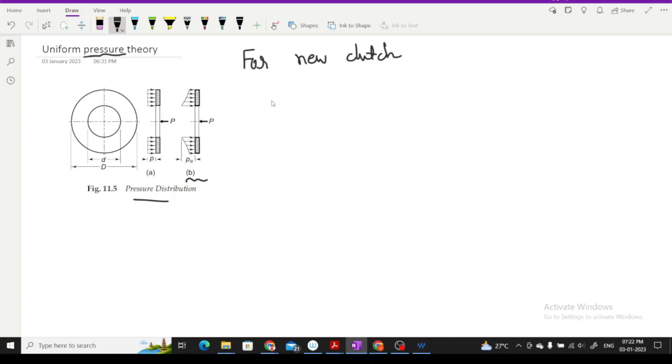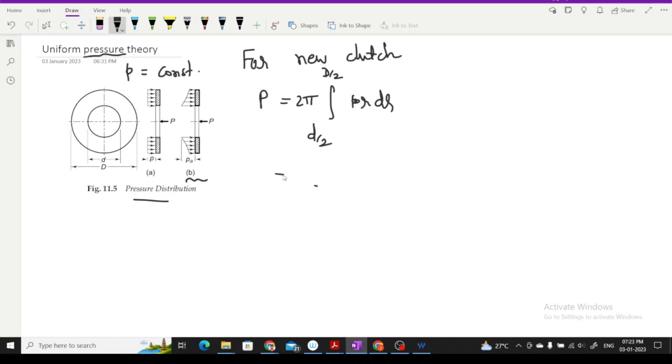So now if we apply this in calculating the total axial force and total frictional torque, right? This equation 1 we have written is like this: 2 pi p r dr. Now what we are considering in uniform pressure theory is that the pressure is constant.